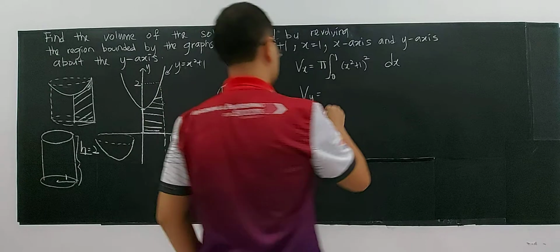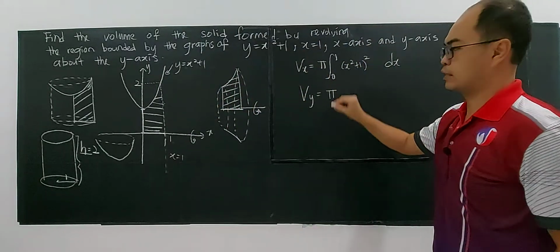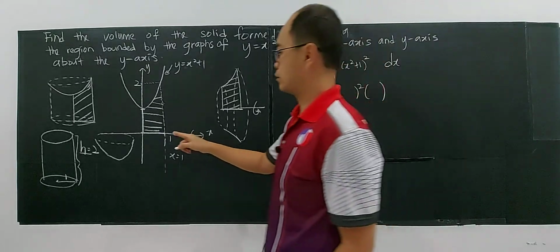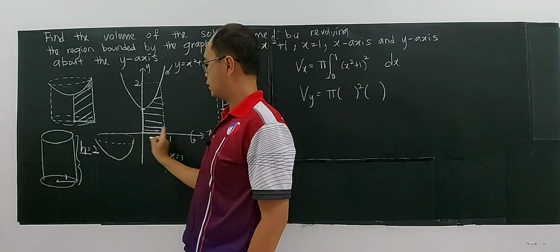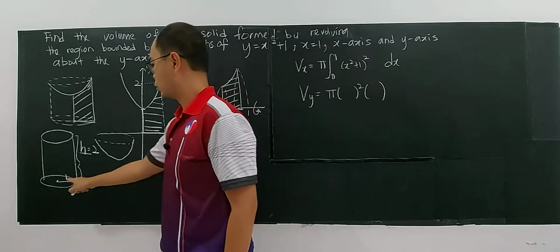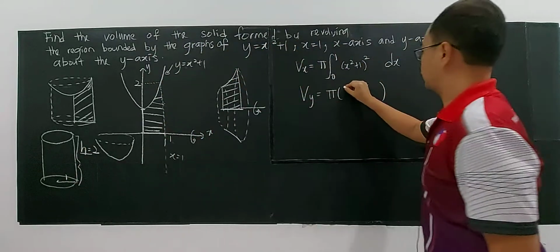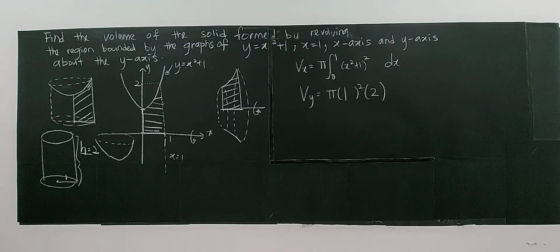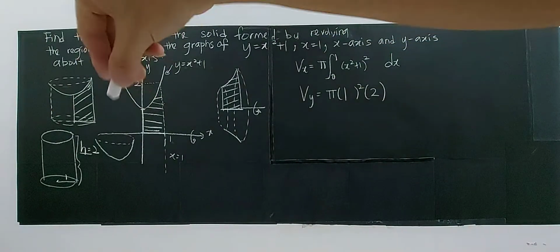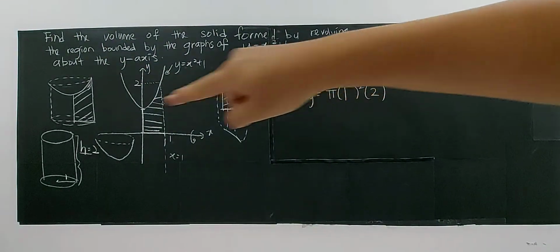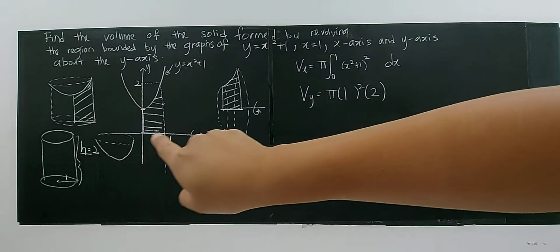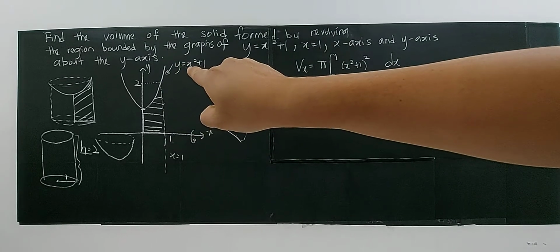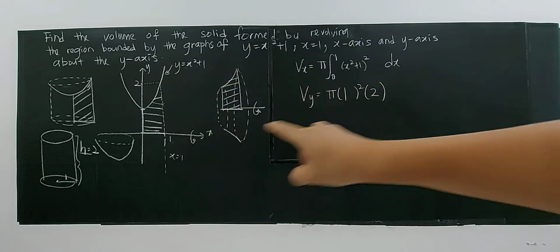So I'm going to use the concept of the cylinder, pi r squared h, where r is 1. 1 squared times h is 2, so it's actually 2 pi. The radius is squared, and to find the height, I just substitute the 1 into the equation. I have 2, so the height is 2.